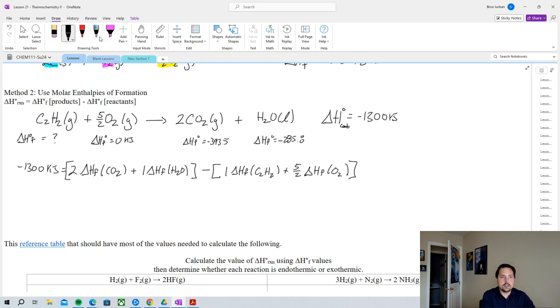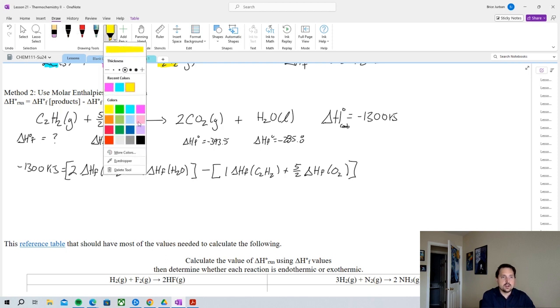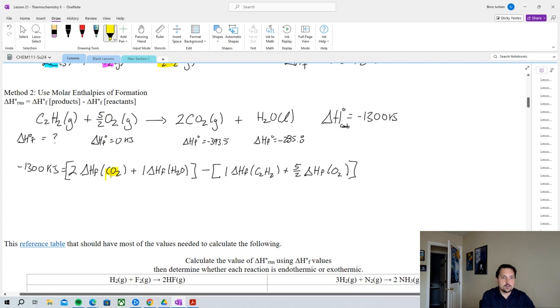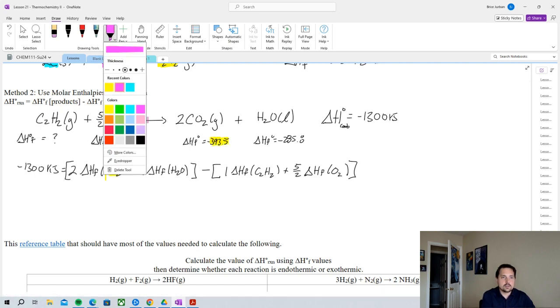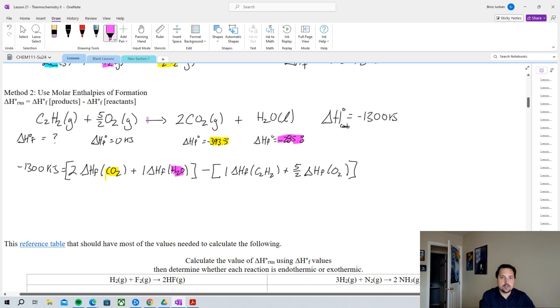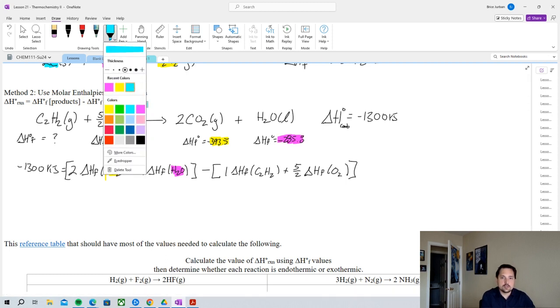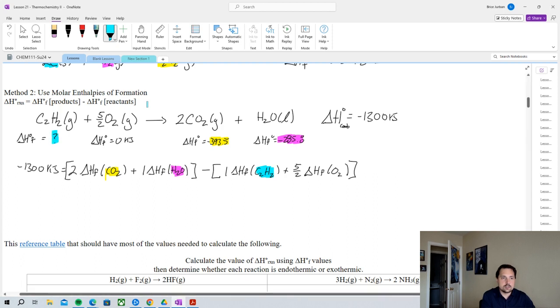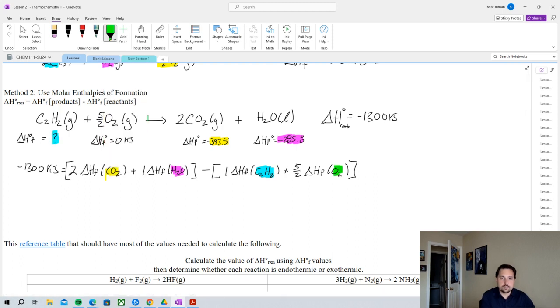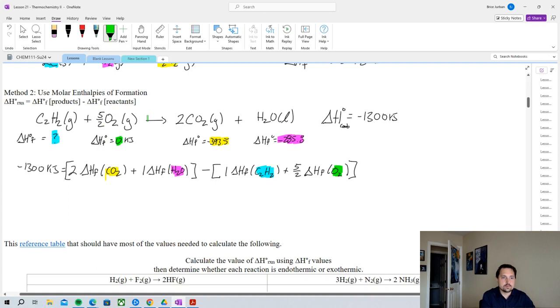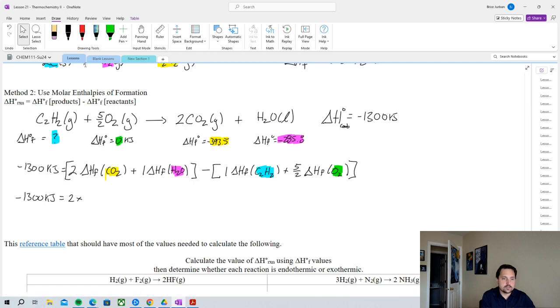Okay, so what we're going to want to do then is replace these values. We'll see that this one and this are the same. These are the same. This is this value. And these are all kilojoules per mole. I just leave out the mole portion here. So 2 times CO2, there's 2 moles of it.